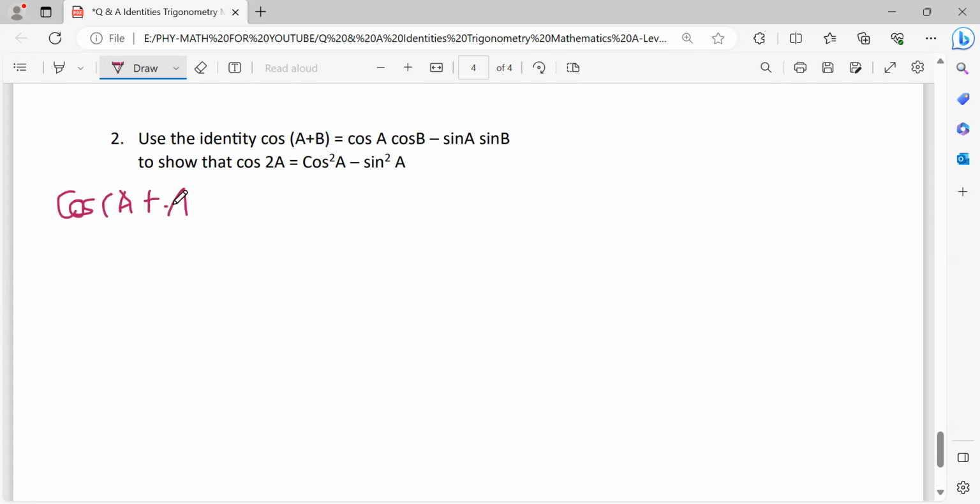If cos(A plus A), it means cos A times cosine A, minus sine A times sine A.